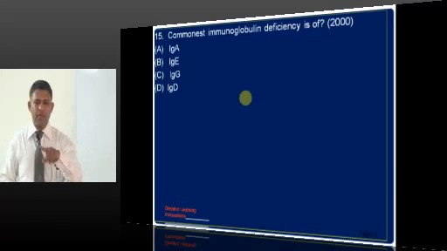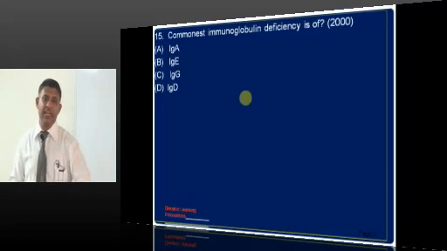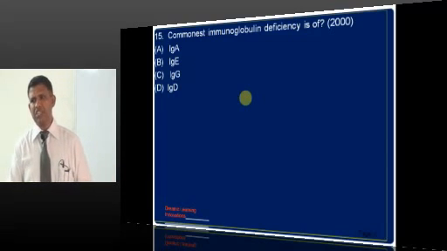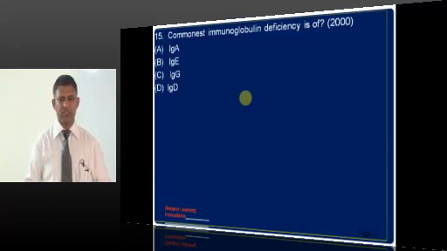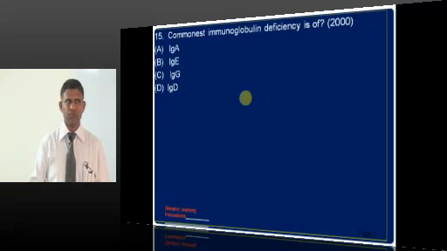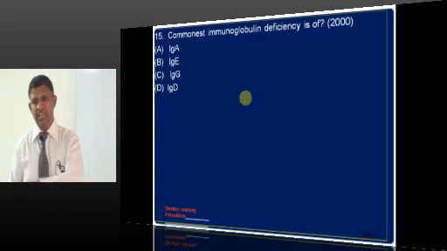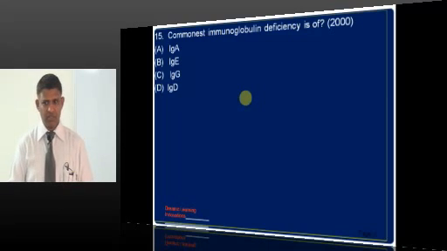The most common immunodeficiency disorder is of which immunoglobulin? IgA. Can you give an example for IgA? Common variable immunodeficiency. IgA deficiency causes what type of infections? Mucocutaneous candidiasis is caused by T cell deficiency, no doubt, very good, well attempted. IgA deficiency causes Giardia infections.